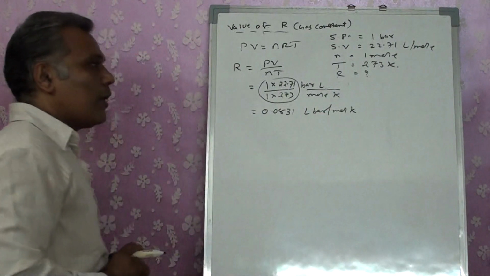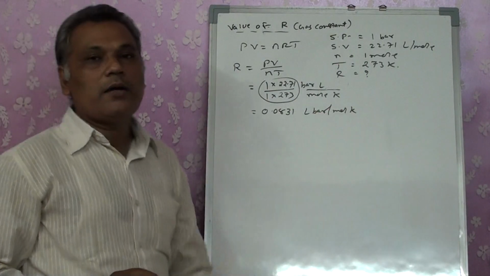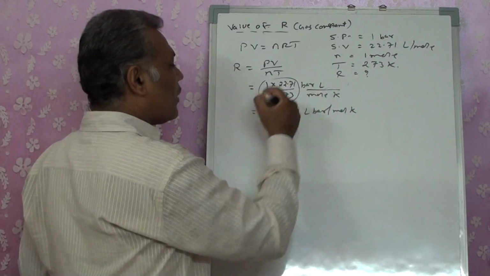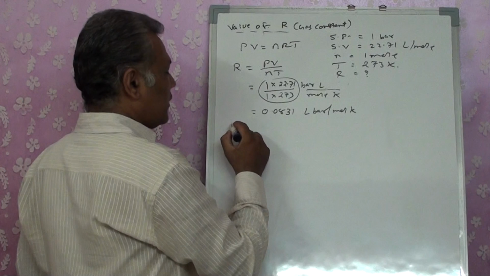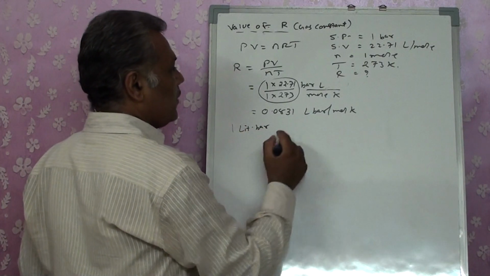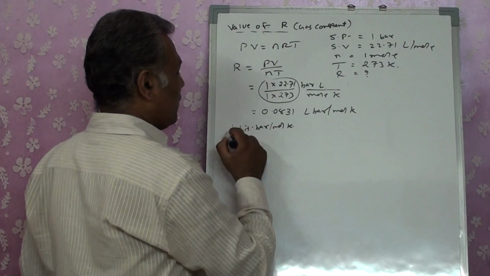The unit I am going to get for R on the calculation of this term is liter bar per mole Kelvin, right? But at the same time I want to convert this unit.